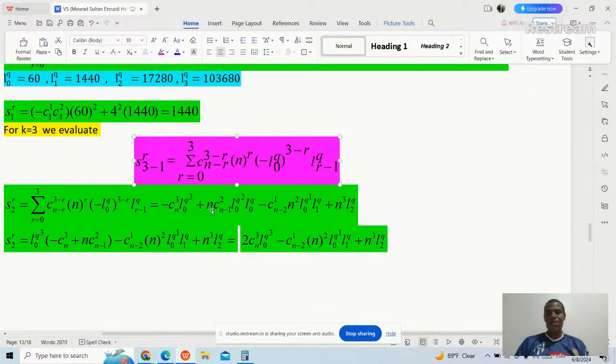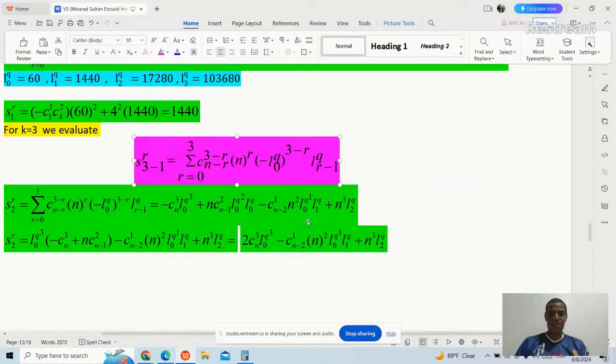Then plus, learners, n times combination n minus 1 choose 2 Δ0 for the q squared times Δ1 for the q. You see this one and that, call it common factor. I will write it here, learners, immediately. Δ0 for the q raised to the power 3 between parentheses negative combination n choose 3 plus n combination n minus 1 choose 2. This value also can be written as combination 2 choose 1 combination n choose 3 Δ0 for the q raised to the power 3.